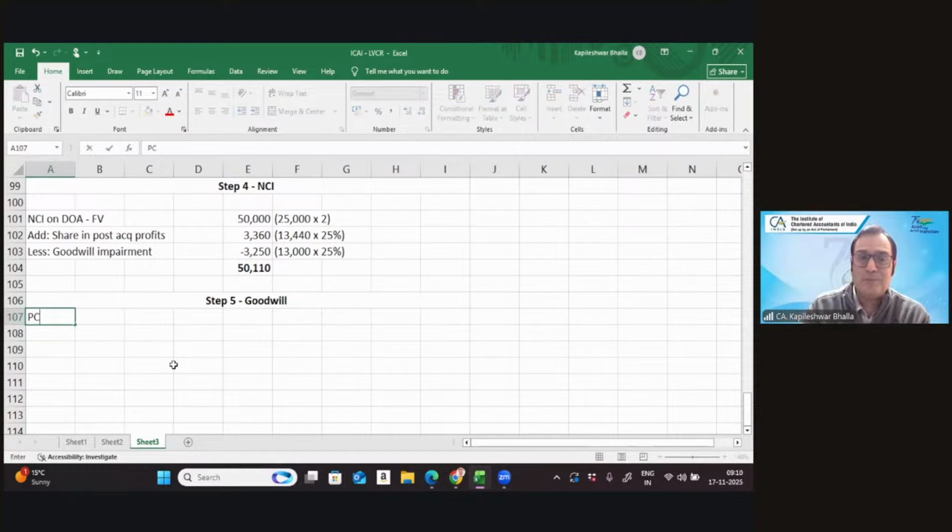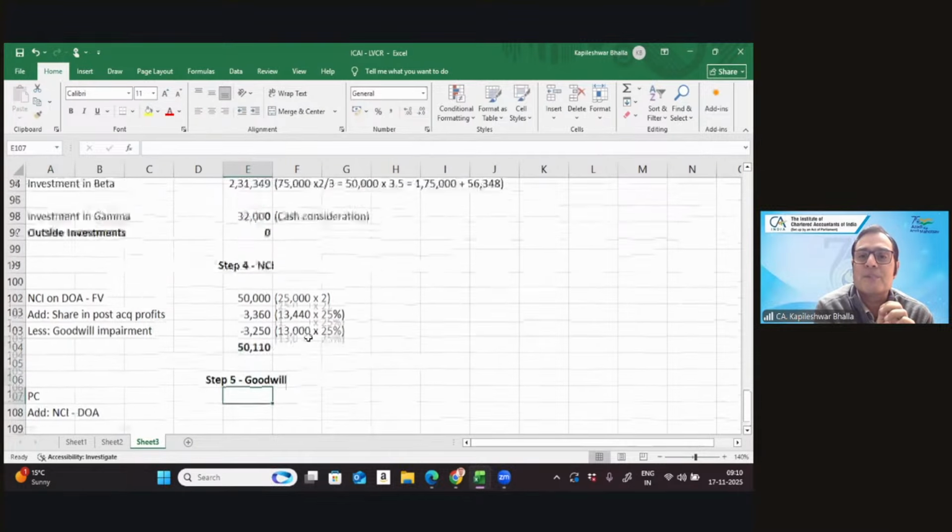Okay, so we take the purchase consideration, then we add the NCI on the date of acquisition, and then we reduce the net assets, which we have already calculated, the net assets on the date of acquisition. So let's organize the data in this case. We've got the purchase consideration.